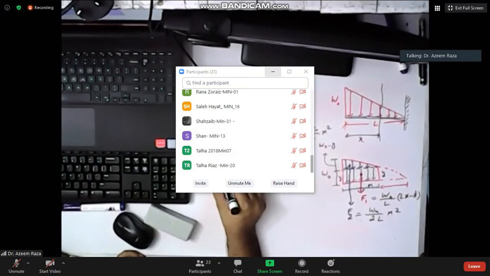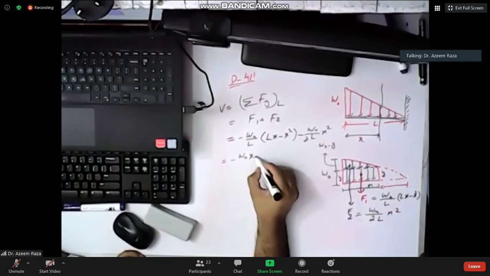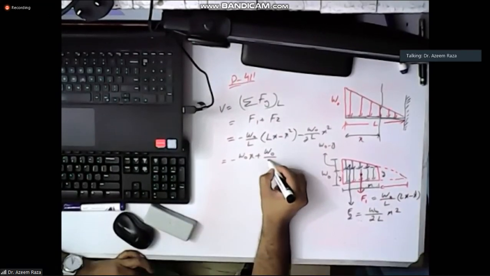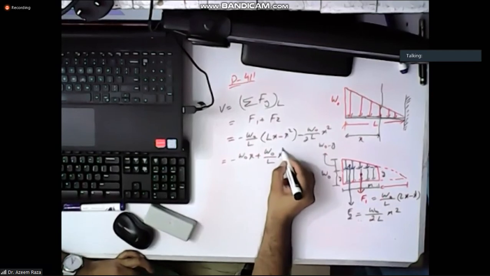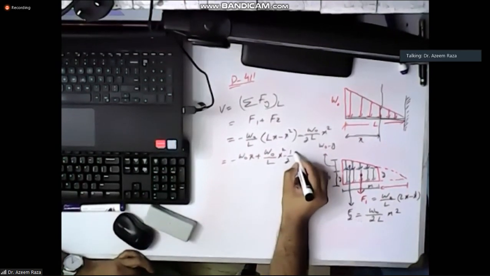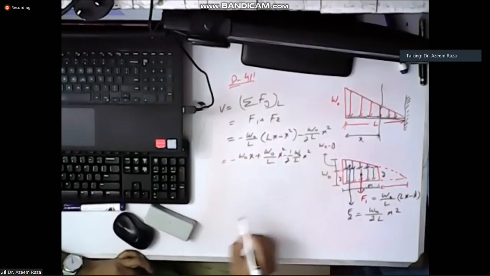Let's try to simplify it if we are able to. This will become minus W naught X, plus W naught over L X squared, minus 1 over 2 W naught over L X squared.